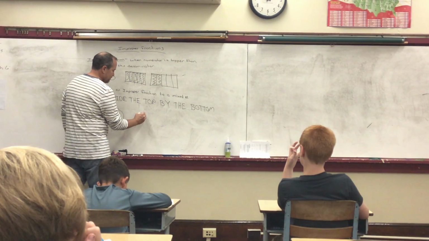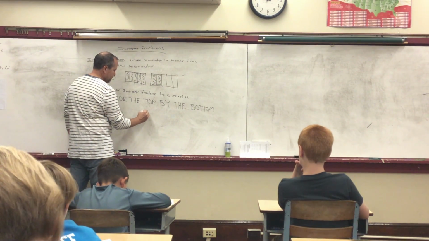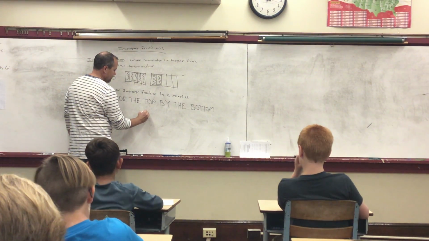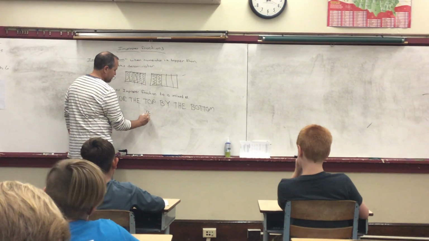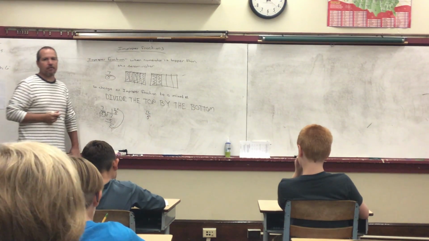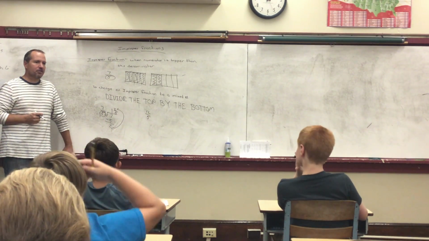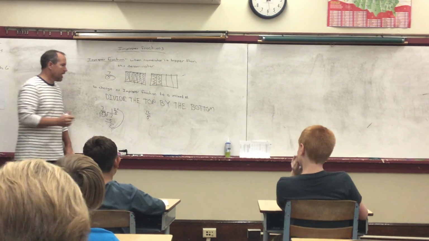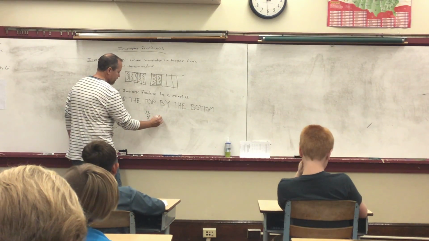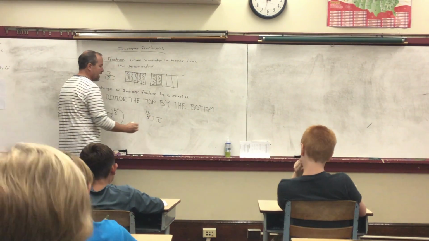Let's say we have this: 12/5. To get rid of the improper fraction, divide the top by the bottom. Put the 12 into your dividend.